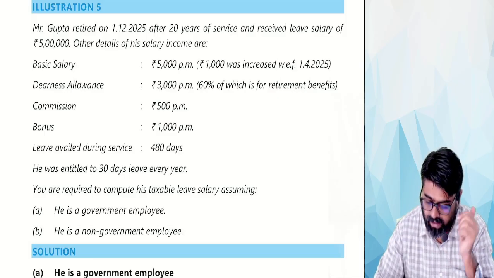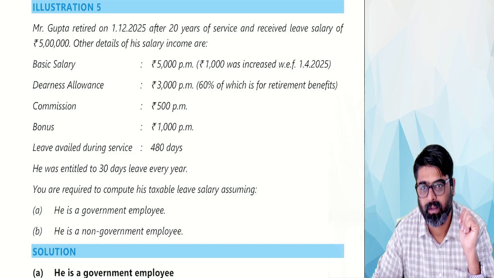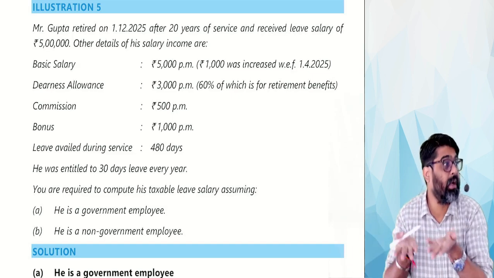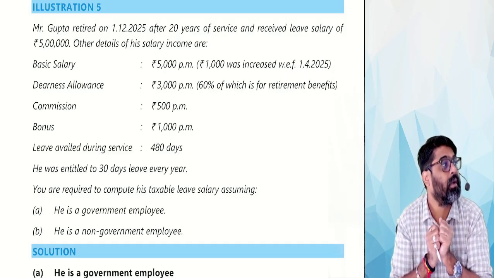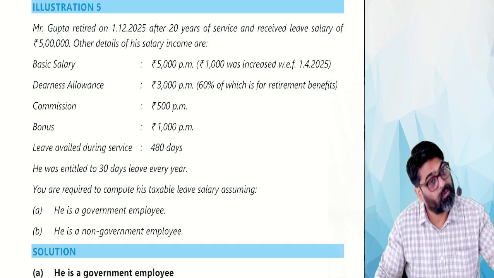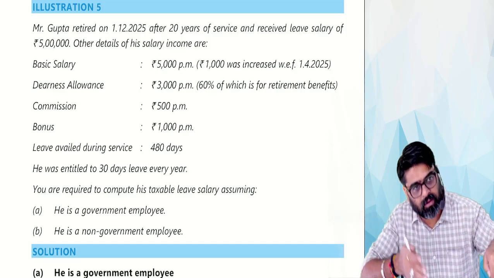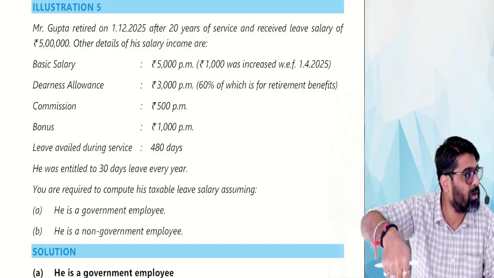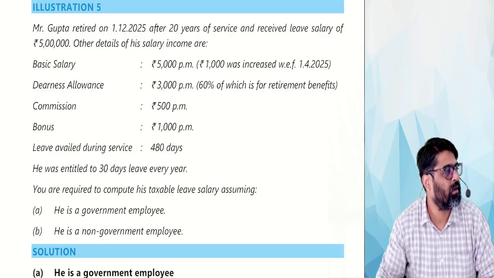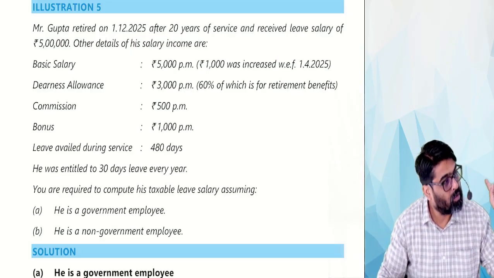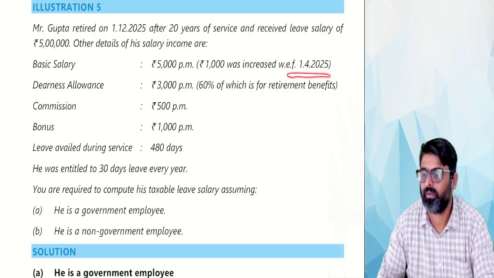Because salary has been increased with effect from 1st April. And at the time of retirement he is getting 5,000, which was increased from 1st April. Yes or no? But prior to that, it was only 4,000. 4,000 increased by 1,000 from 1st of April.